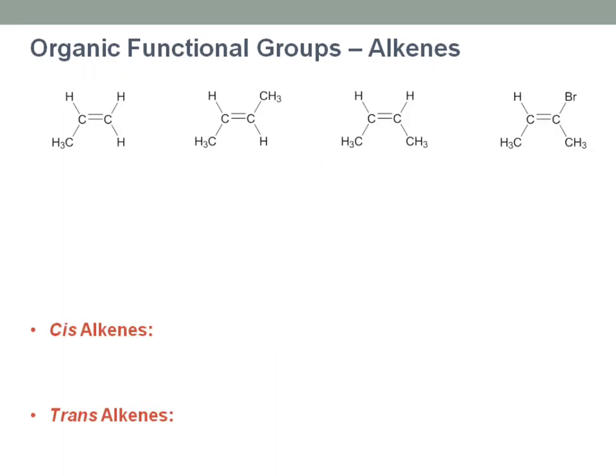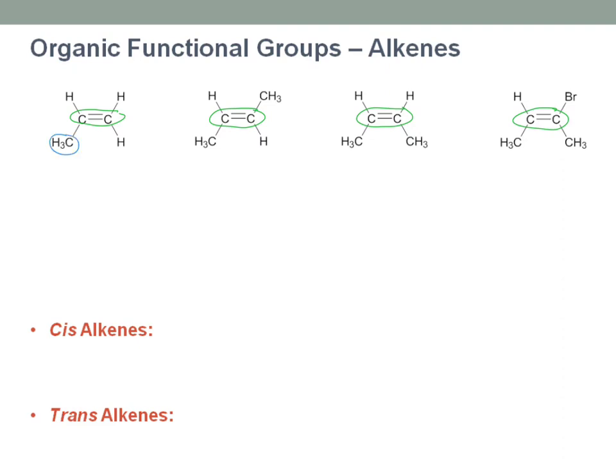And how did I know that the top one is trans and the bottom one is cis? Now, if I look at a bunch of different alkenes here, I want to point something out. If you take a look at these alkenes, only two of these need to be named cis or trans. Let me circle all the alkenes first. So I've got these four alkenes, and I have on these alkenes things that are not H's.